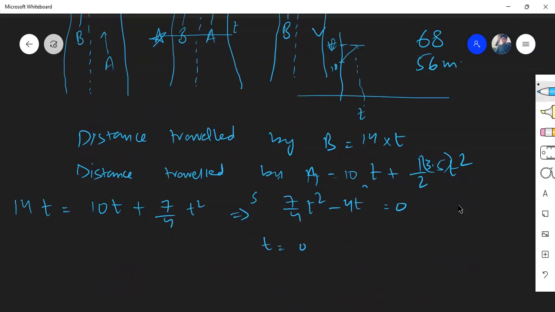The answer is t is equal to 0, and 7 by 4 t minus 4 is equal to 0. So t is equal to 16 divided by 7, which is 2.29 seconds.